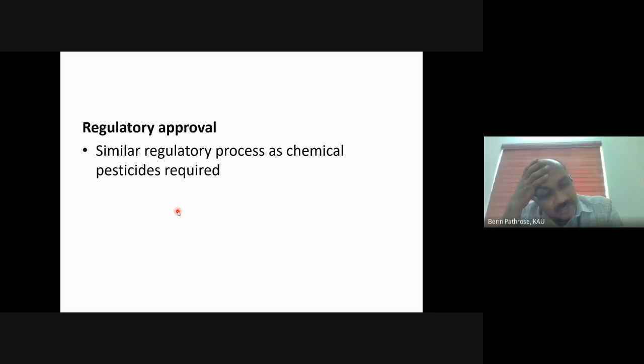I became late for the class because a farmer came with a botanical product he has developed on his own, containing neem oil, some garlic extract, and some plant material. He was not divulging the details of that plant, and he was trying to get registration for that product.